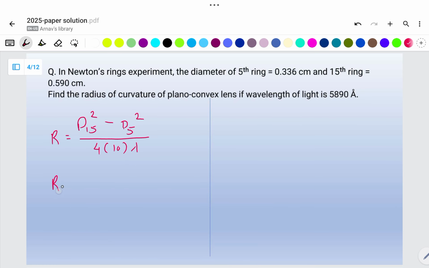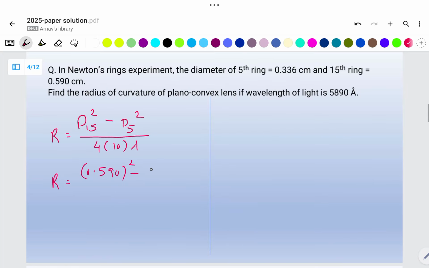So the radius of curvature will be the diameter of the 15th ring, 0.590 square, minus 0.336 square, divided by 4 into 10, and the wavelength we convert to centimeter.